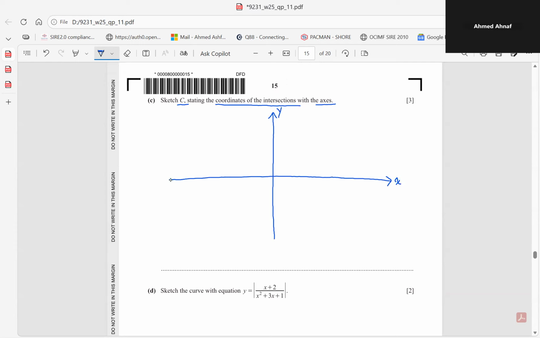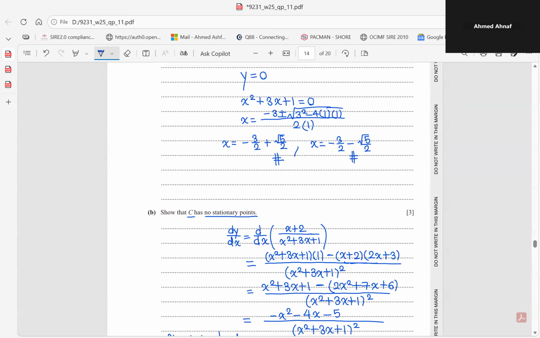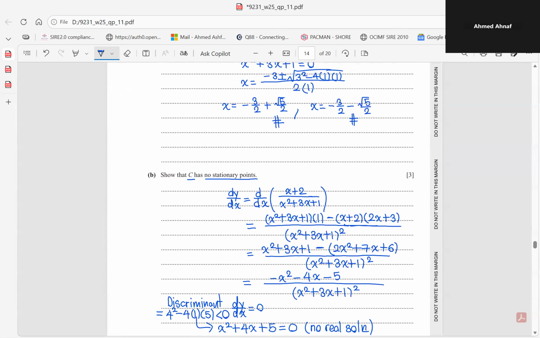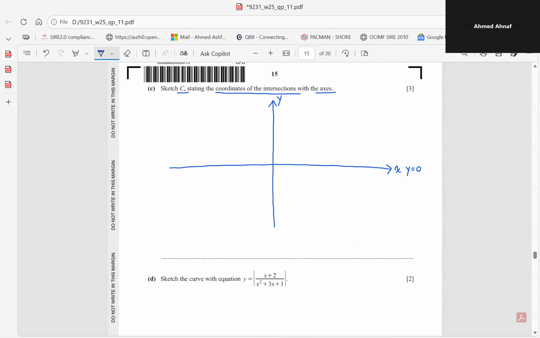So this is one asymptote, y equals 0, and our vertical asymptotes are minus 3 over 2, minus square root 5 over 2, that is minus 2.61. So I'll place that one in here.